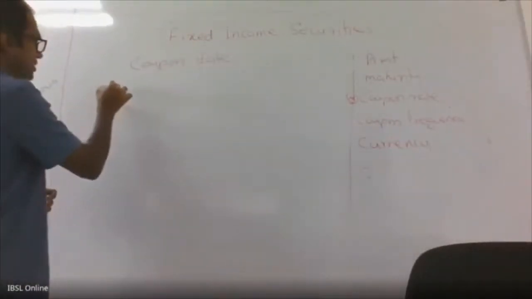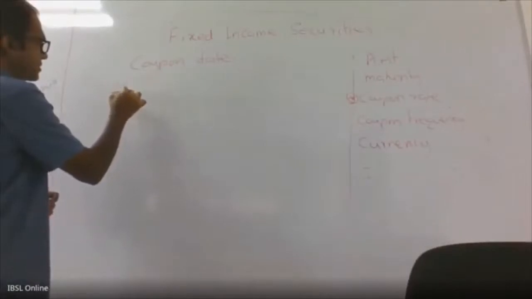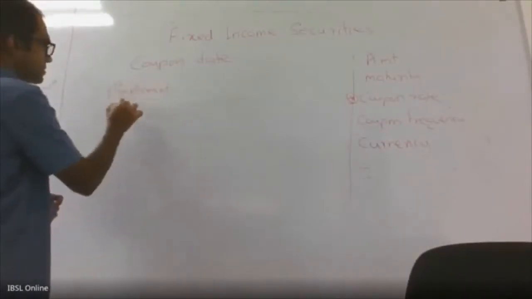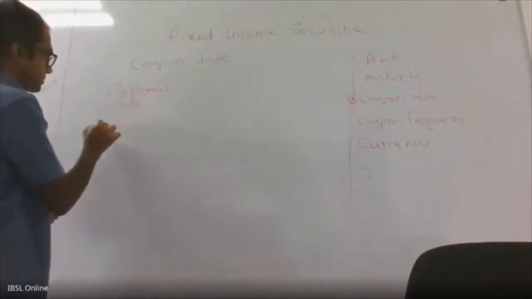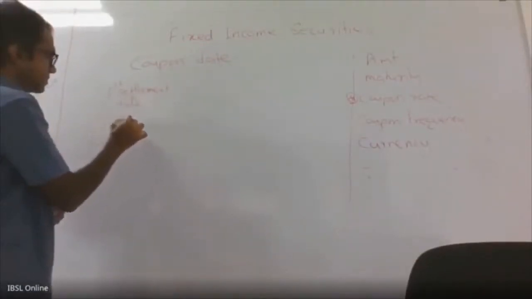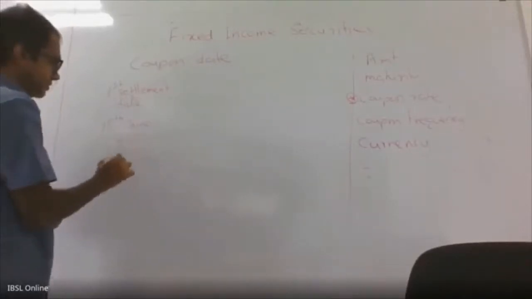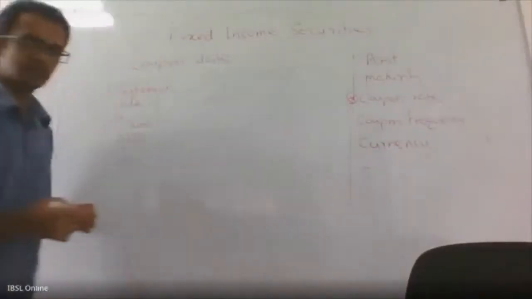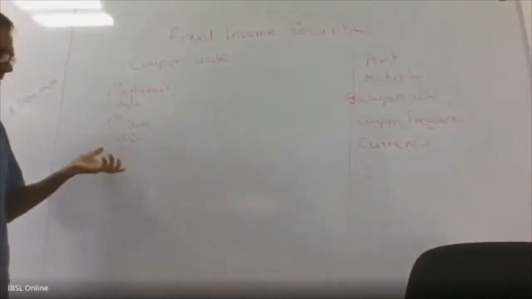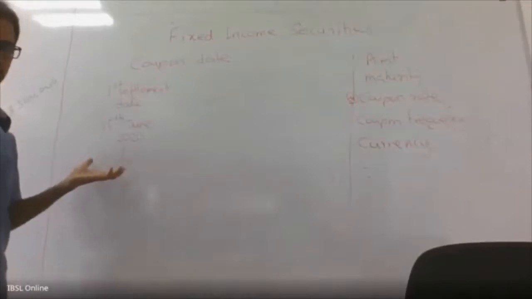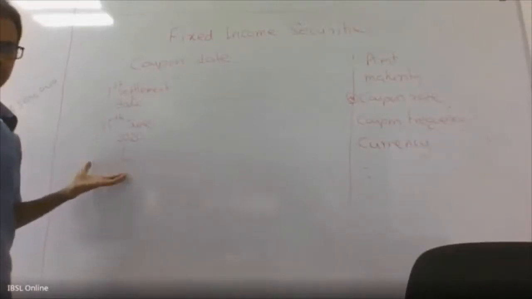So assume the first settlement date is June 15, 2020. What does it mean by the first settlement date? This is the date on which the borrower receives the borrowed amount.